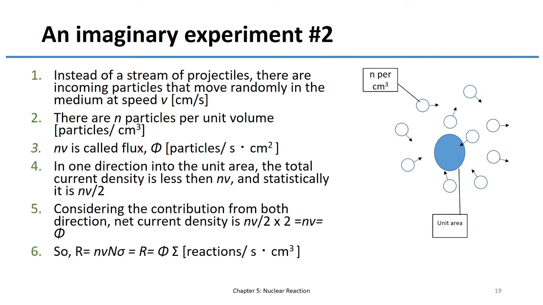Even if it is not a stream of particles, you still can bring the similar approach of argument to make the conclusion. So here comes the unit area, unit area in cm square.